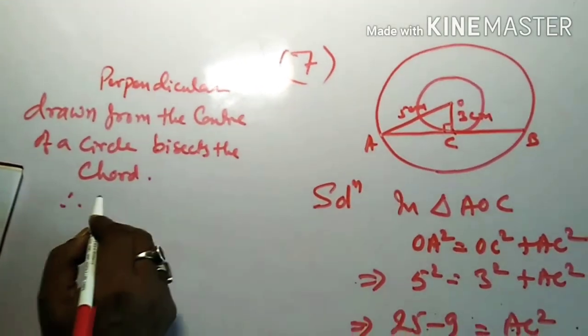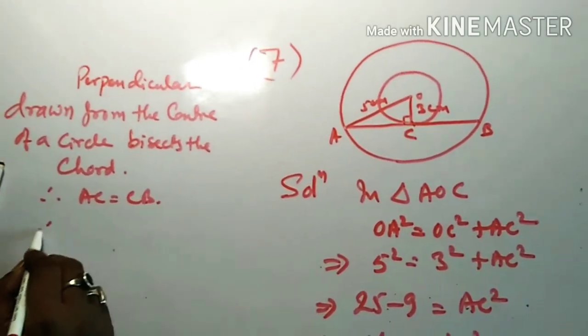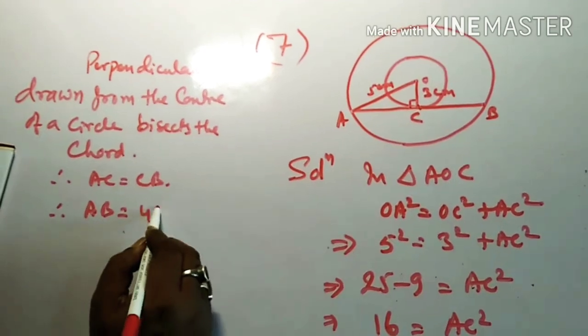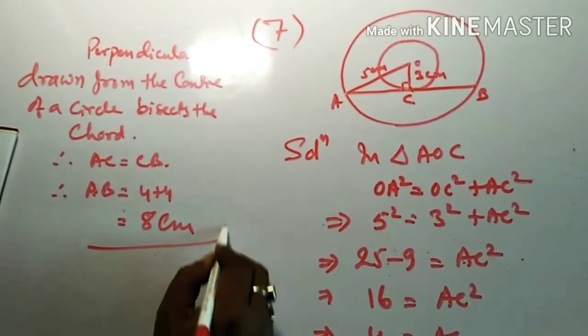So therefore AC is equal to CB. Therefore AB will be equal to 4 plus 4, that is 8 centimeter.